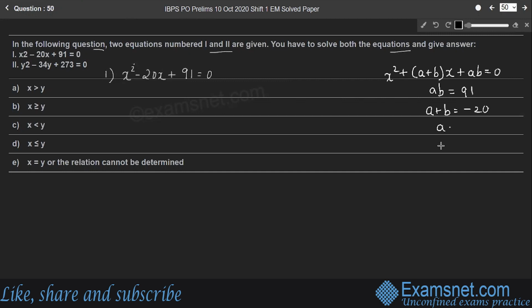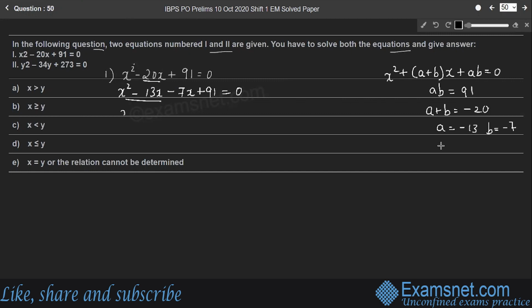Therefore, a is equal to minus 13, b is equal to minus 7, right? So that ab becomes 91, a plus b becomes minus 20. Now split the middle term. x square minus 13x minus 7x plus 91 is equal to 0.